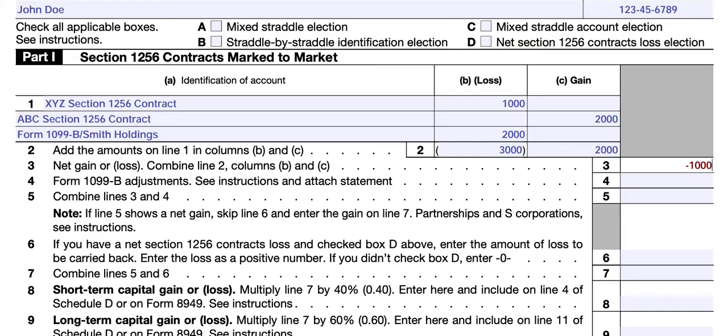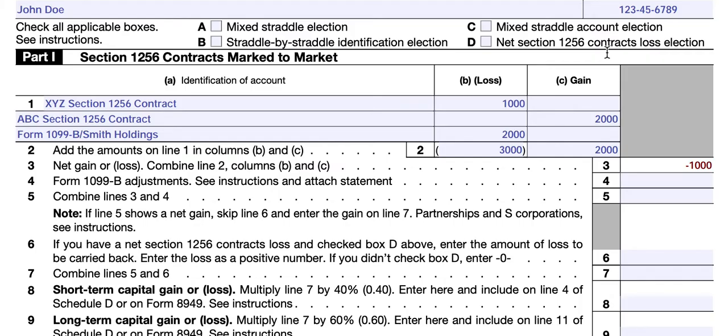First is the Section 1256 contract part of a mixed straddle, if you made any of the mixed straddle elections, either box A or box C. Second, the amount of the loss if you did not make any of the mixed straddle elections, or if the straddle was not identified and you had a loss on the Section 1256 contract part that was less than your unrecognized gain on the non-Section 1256 contract.